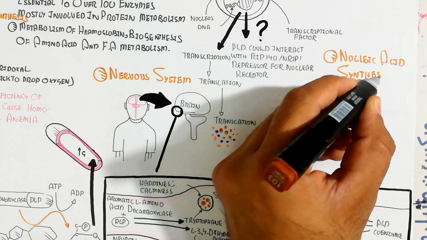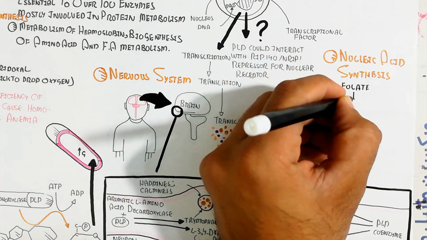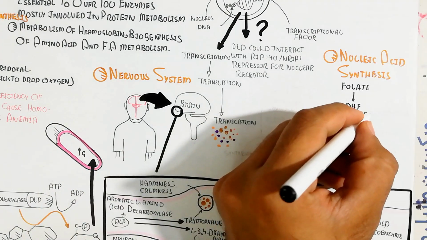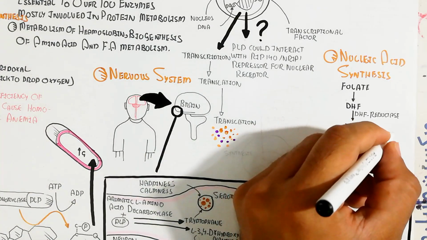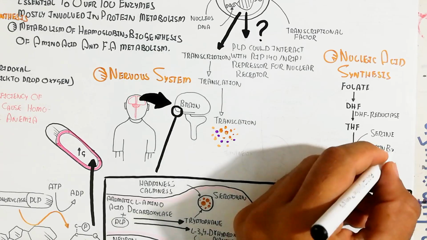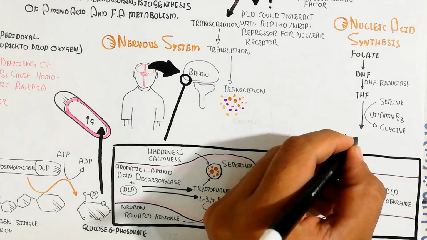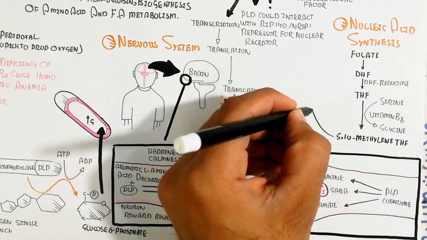For nucleic acid synthesis through folate, the dihydrofolate is converted into the tetrahydrofolate in the presence of the dihydrofolate reductase enzyme, and in this way the serine will convert into the glycine by the tetrahydrofolate. Vitamin B6 is involved in converting this serine into the glycine, and in this way the 5,10 methylene tetrahydrofolate is formed.